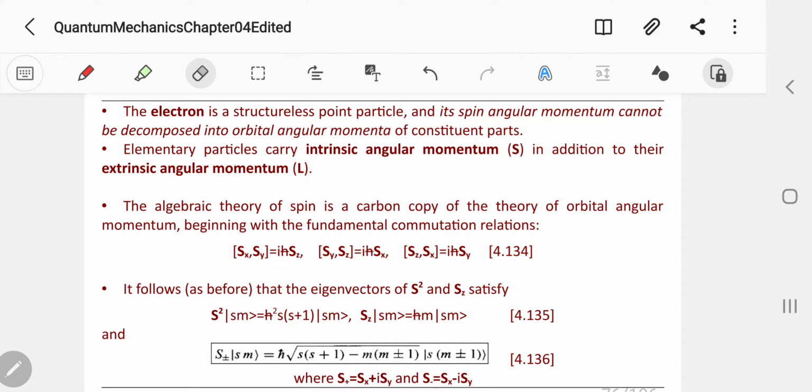And we call the spin the intrinsic angular momentum, and the extrinsic angular momentum is the orbital angular momentum.